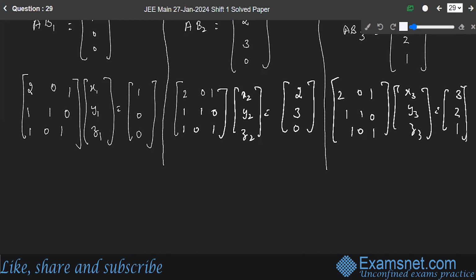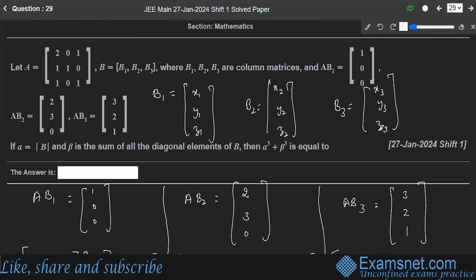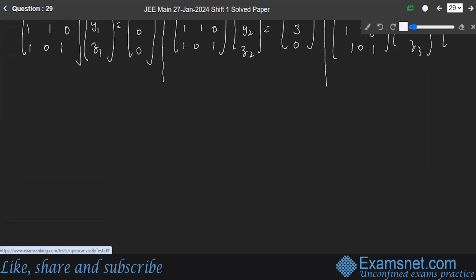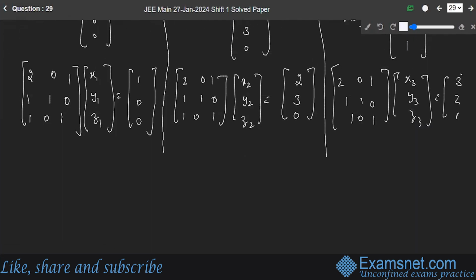Wait, I haven't noticed it. First row, first column, this will be 2x1 plus z1 is equal to 1.